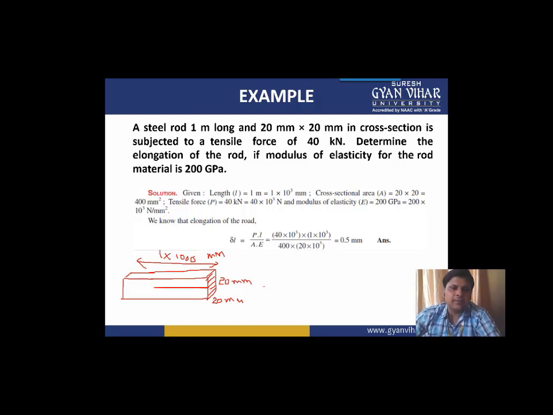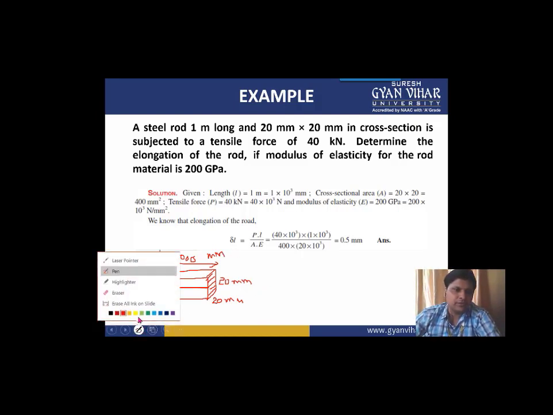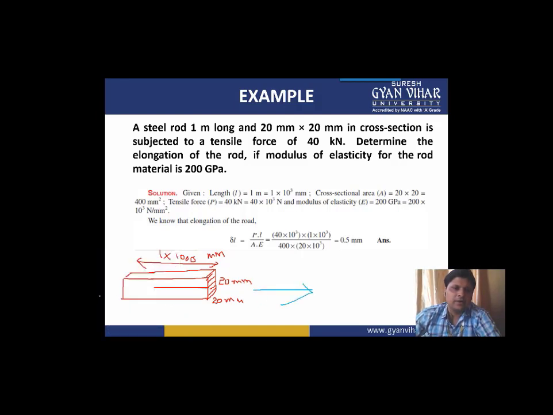Now the tensile load applied on it is 40 kilonewton. Converting it into Newton, multiply by 10 to the power 3, so 40 into 10 to the power 3 is the value of P. The value of length is 1000 mm.